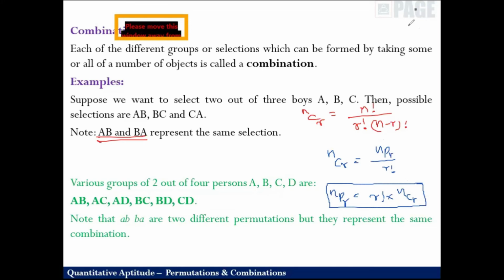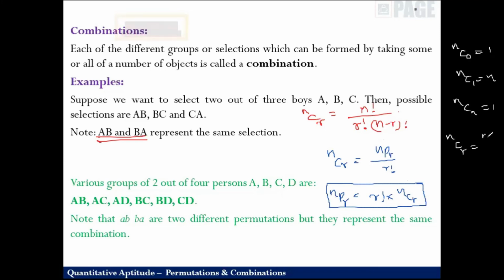And a few more important applications: nC0 is 1, nC1 is n, nCn is 1, nCr is nC(n minus r). So if I say that nCp equals nCq, then n equals p plus q.